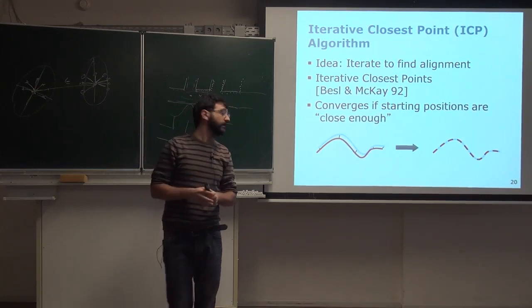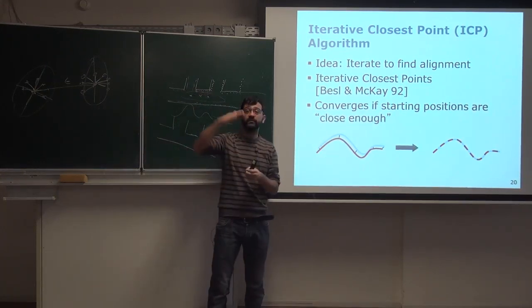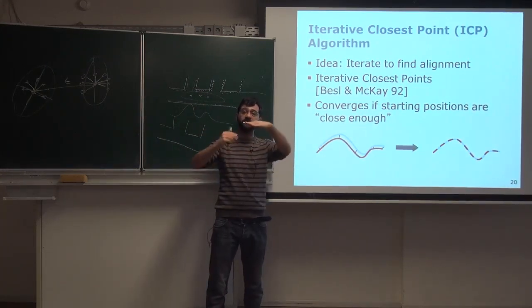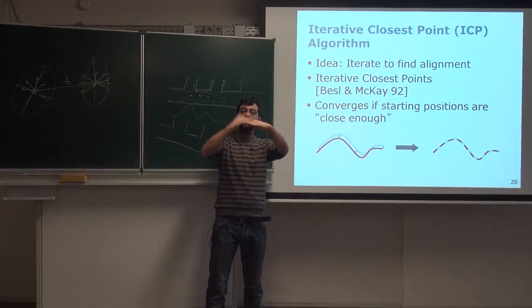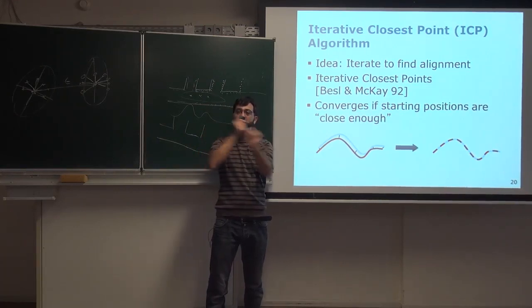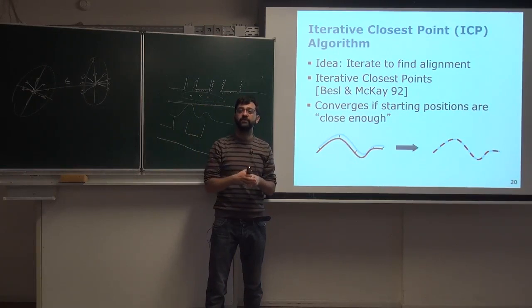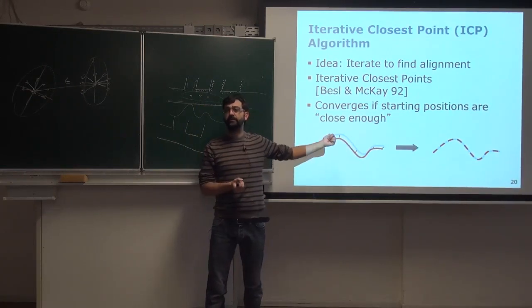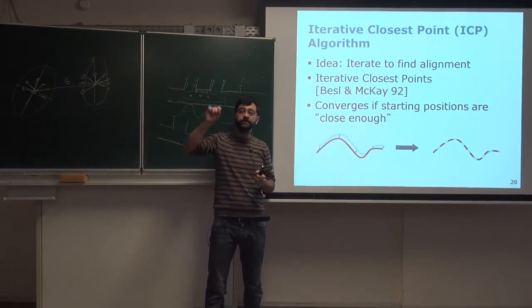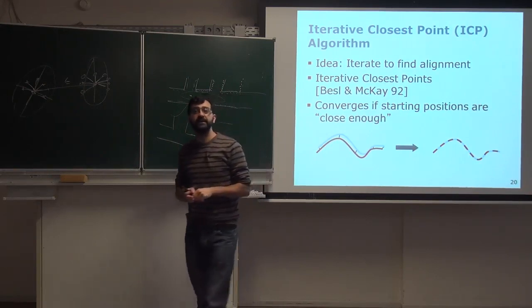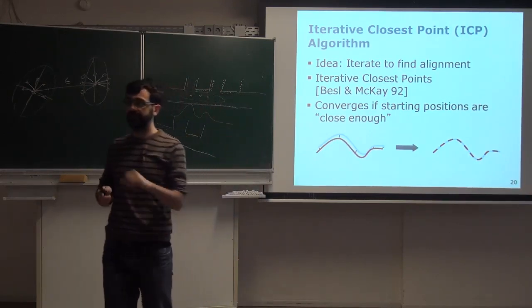Sometimes it might oscillate, so you might find pathological cases where it keeps alternating between associations and you will never converge, but you can easily spot these cases because the value of your error function is not decreasing or is oscillating. So just do some checks and you will spot these pathological cases.